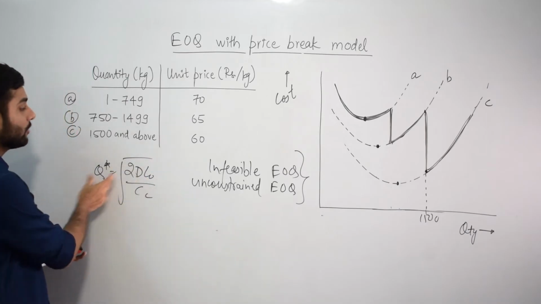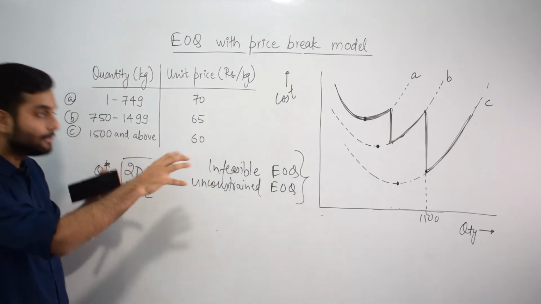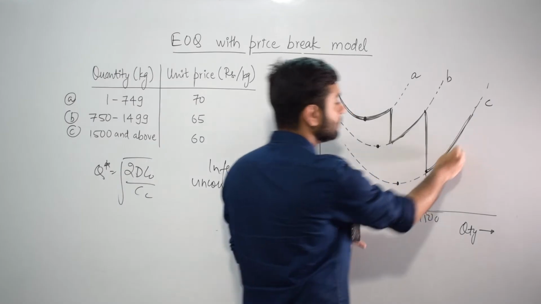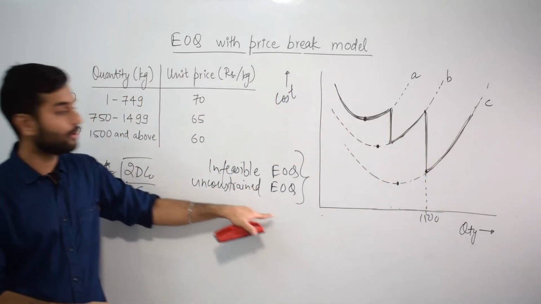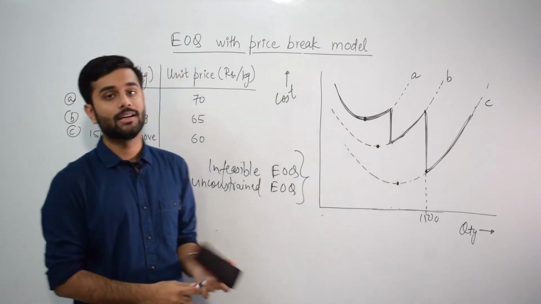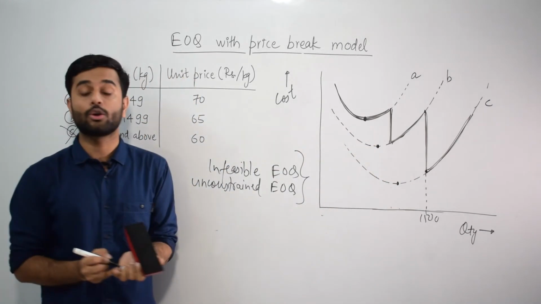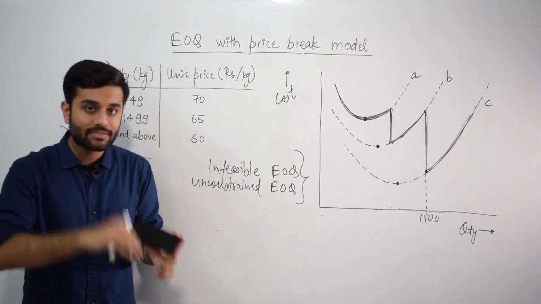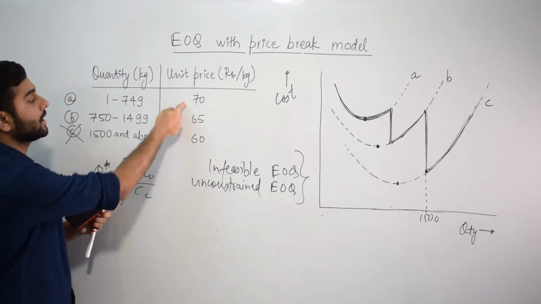If Q star or EOQ is lying in the range from 1500 or more, you have a feasible EOQ, then it's fine. But if you have an infeasible or unconstrained EOQ, not lying in that range, then you have to cancel that slab. That slab will not be selected. In this fashion, you have to move from the lowest unit price slab to the higher one.